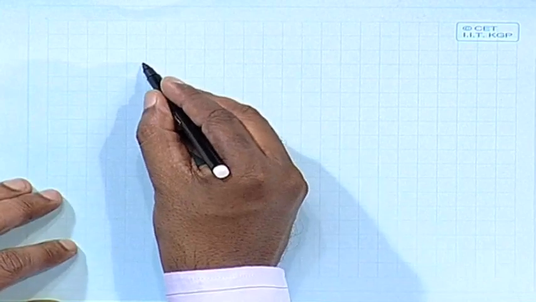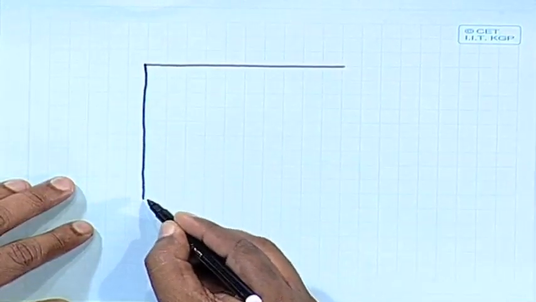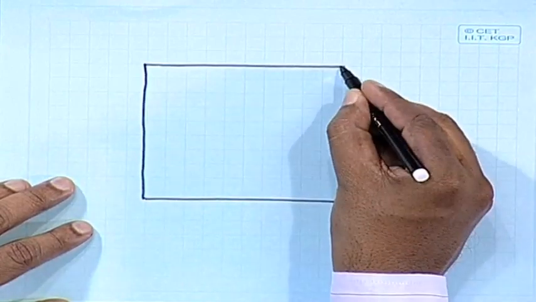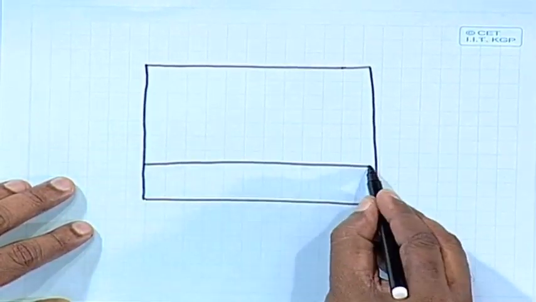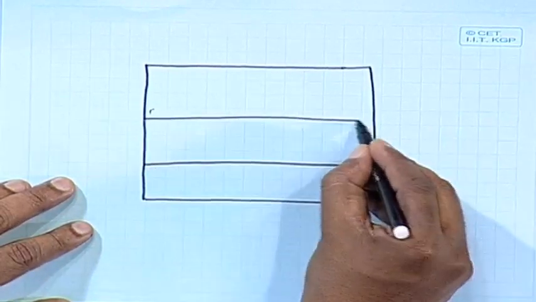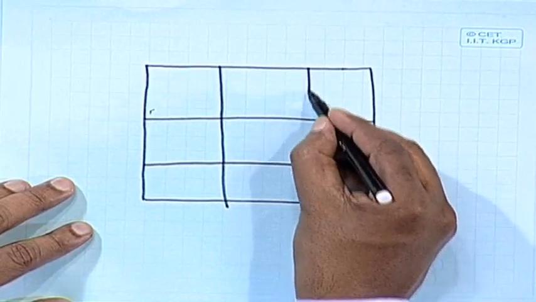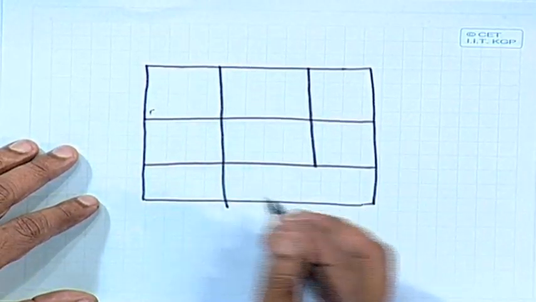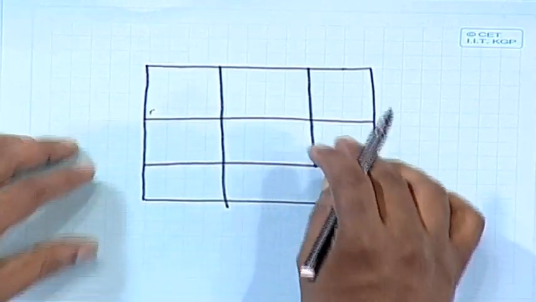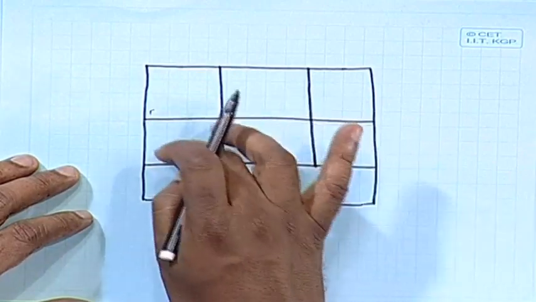If we take a grid like this, these are all beams, and over that we have the slab. So, these are all slabs that you have to design.